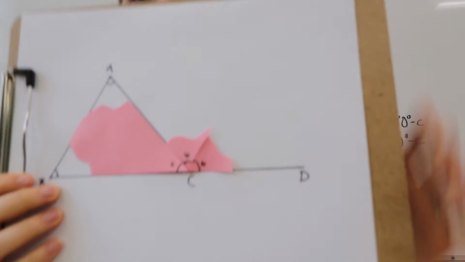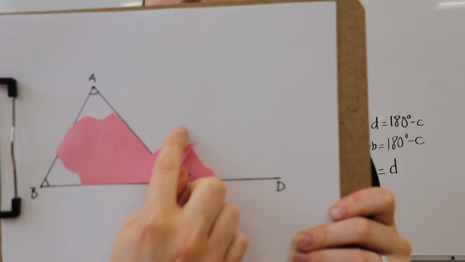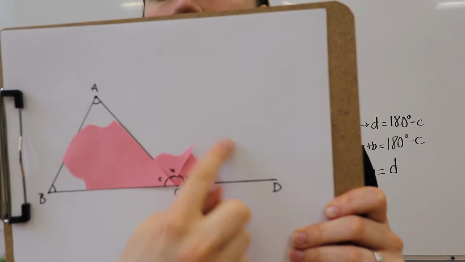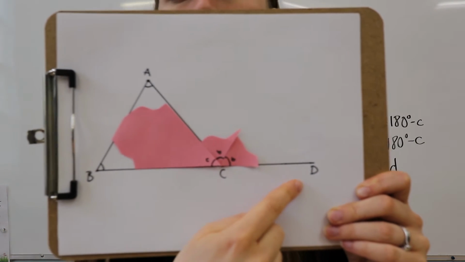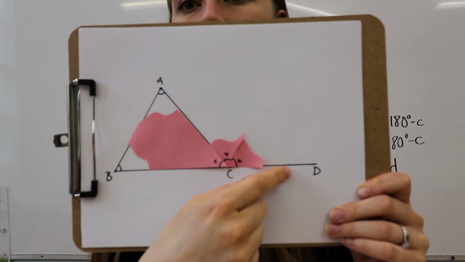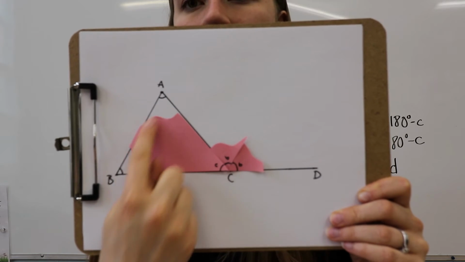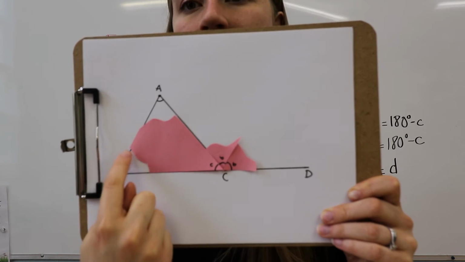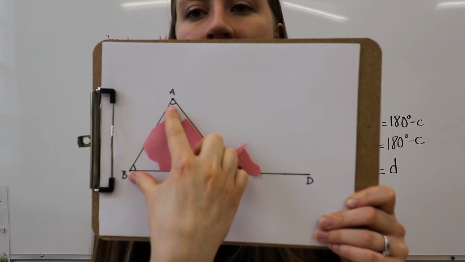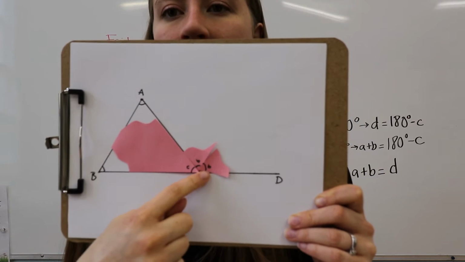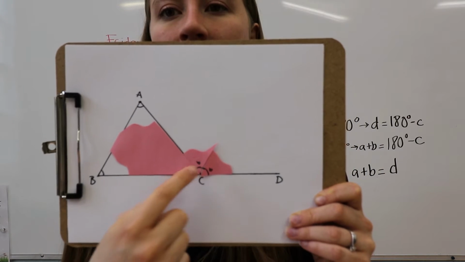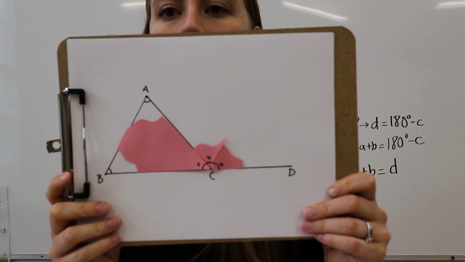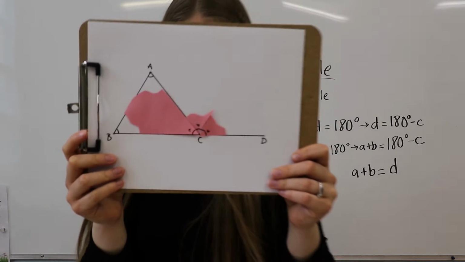And it forms together the exterior angle. Okay? So do you see how that works? So the value of the inside interior angles, the opposite interior angles, come together to form the value of the exterior angle that we have made.